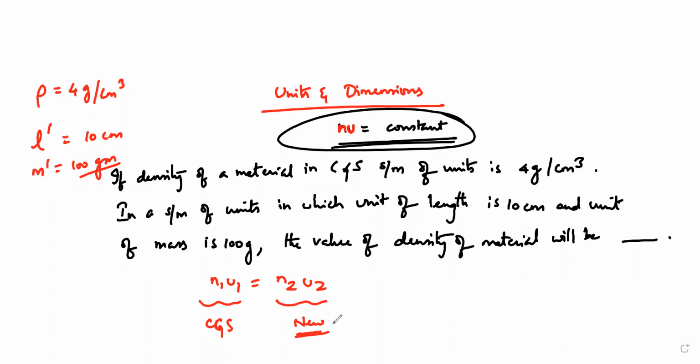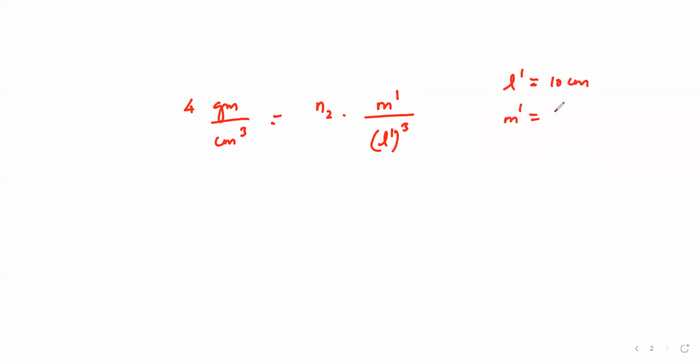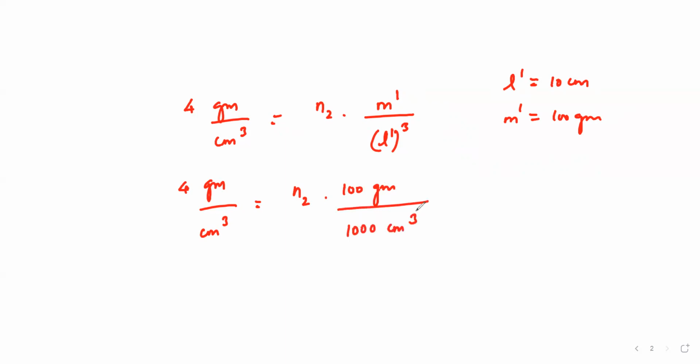Now, 4 gram per centimeter cube will be equal to n2 into, gram is nothing but M dash and centimeter cube is nothing but L dash cube. So 4 gram per centimeter cube equals n2 into 100 grams by 10 cube, which is 1000 centimeter cube, correct?